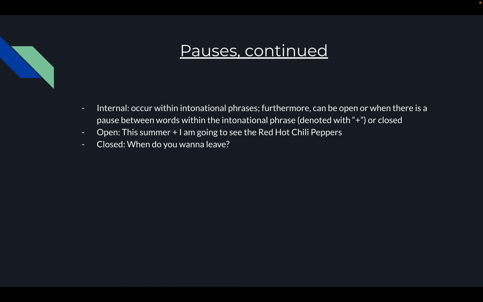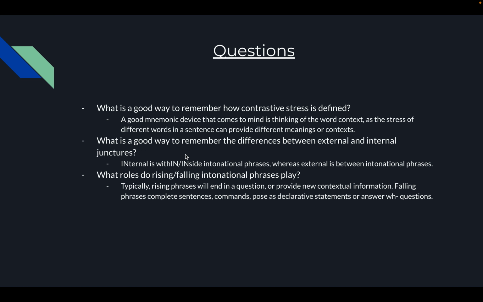So an example of an open internal juncture would be, this summer I'm going to see the Red Hot Chili Peppers, which actually is very true. I'm extremely excited. And then closed. So when do you want to leave? I know that's kind of co-articulation, but there's no pause between want and to. So I kind of wanted to denote that with using wanna.